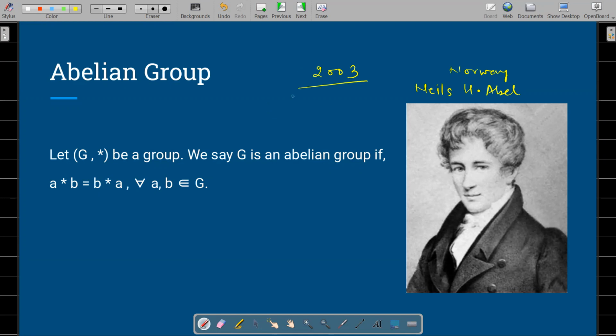Like in 2007, it was awarded to one Indian mathematician, statistician, V.R.S. Varadhan, for his work in probability and statistics.